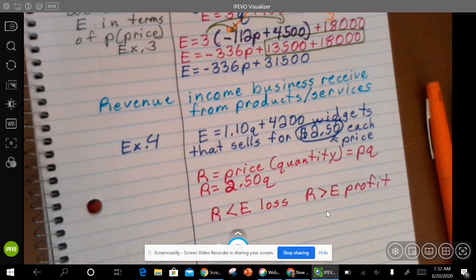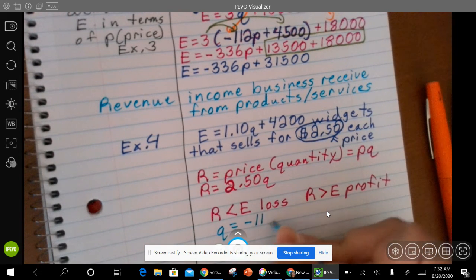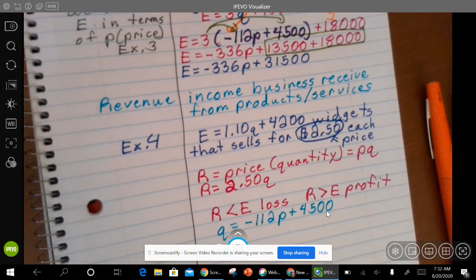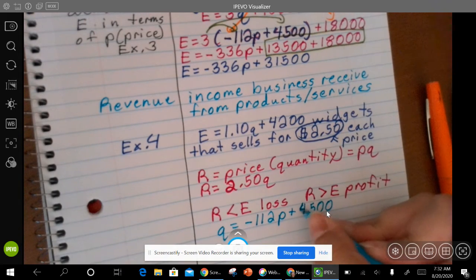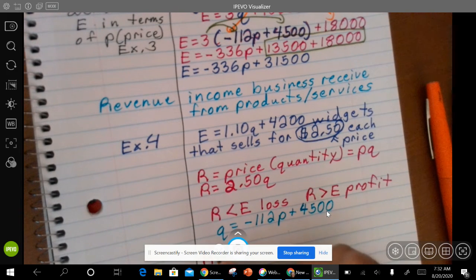Okay, so let's do an example, everybody. So let's say that we have our demand function, negative 112 times the price that we just used up there, plus 4,500. And we have our revenue function, $2.50 times the quantity.